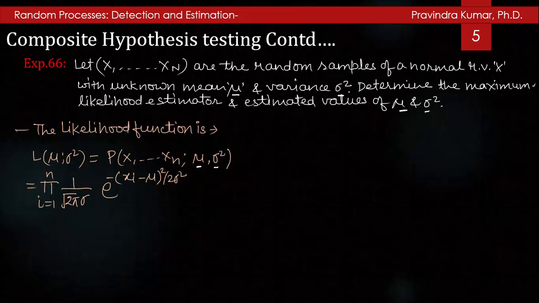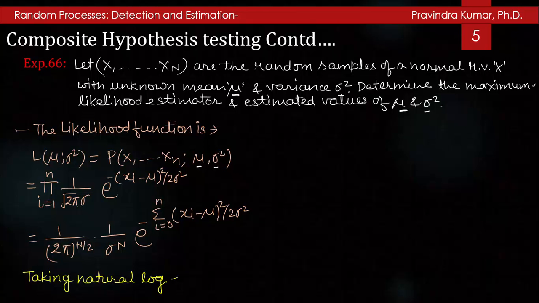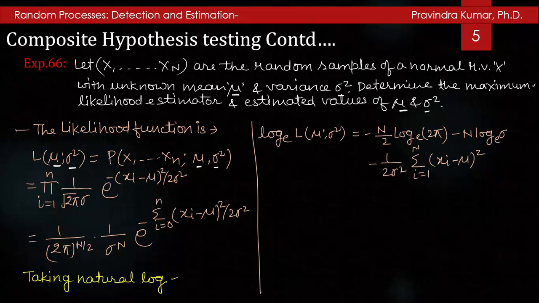So you can write it as 1 by (2 pi) to the power n by 2, times 1 by sigma to the power n, times e to the power minus the summation i equal to 1 to n of (xi minus mu) whole square by 2 sigma square. Now, taking the natural log of this likelihood function that involves the unknown parameters mu and sigma square, we will get log e of the likelihood function.